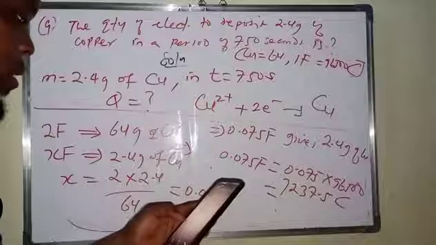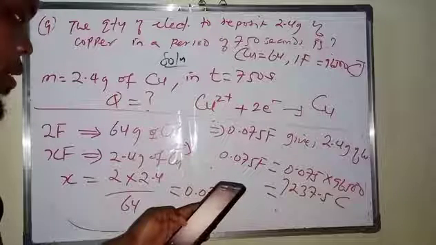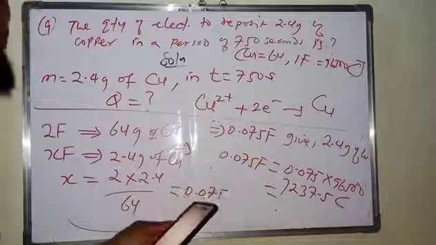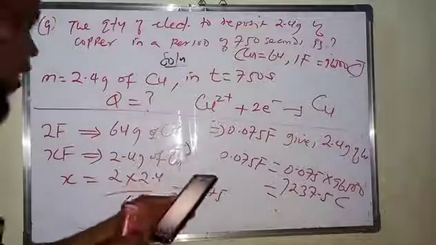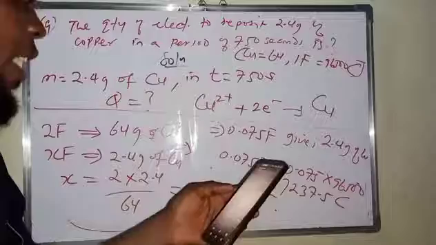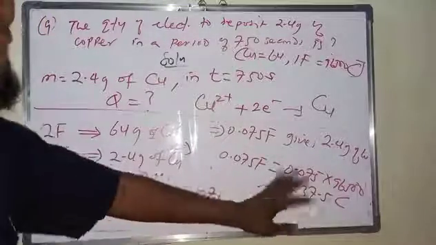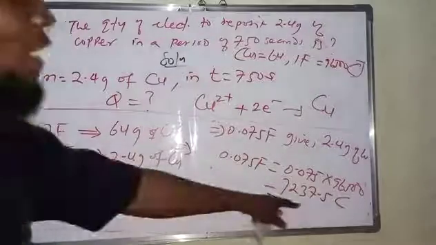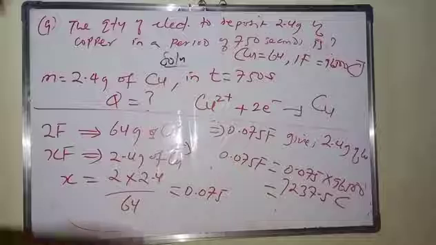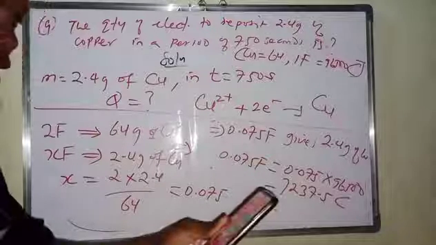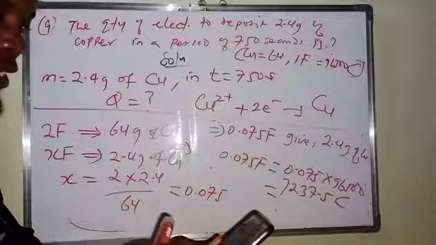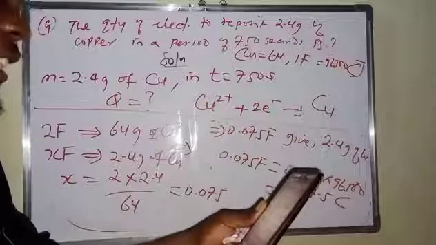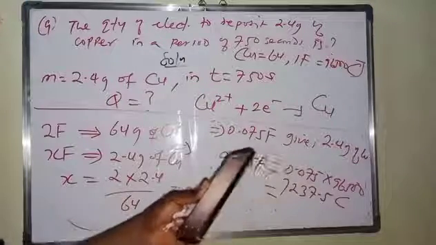Let's see what answers we have here. The answers we have here are in ampere rather than in coulomb. So this is the quantity of electricity in coulomb. But the question has appeared again, and it is saying the quantity of current, not of electricity.